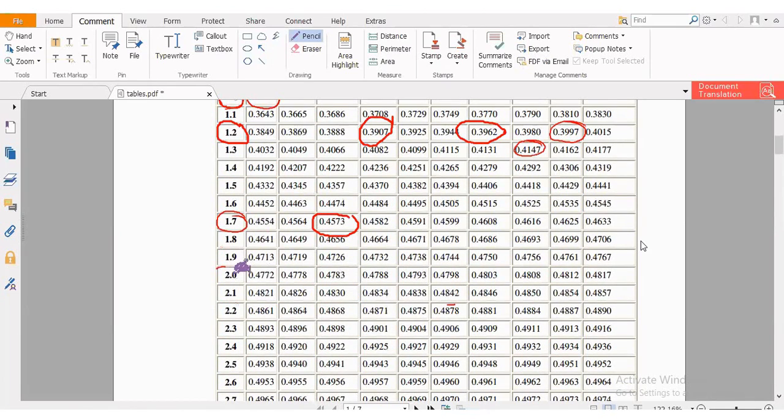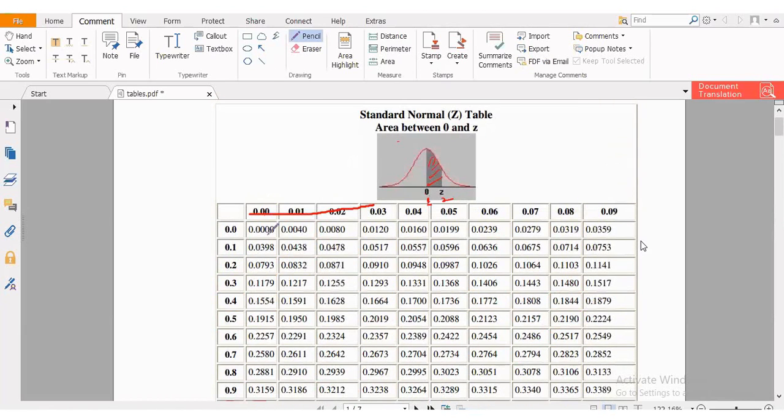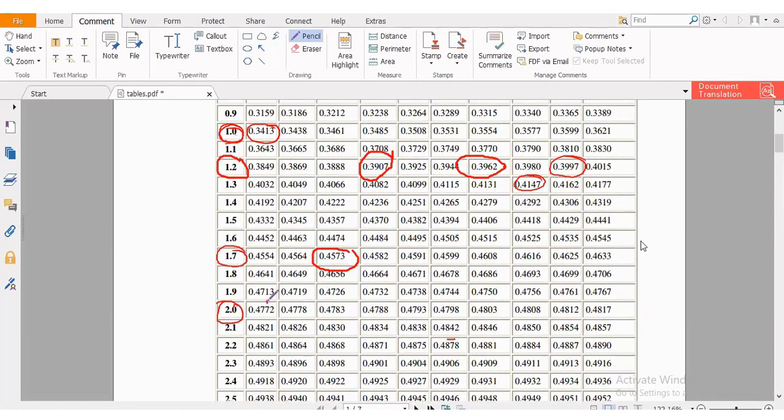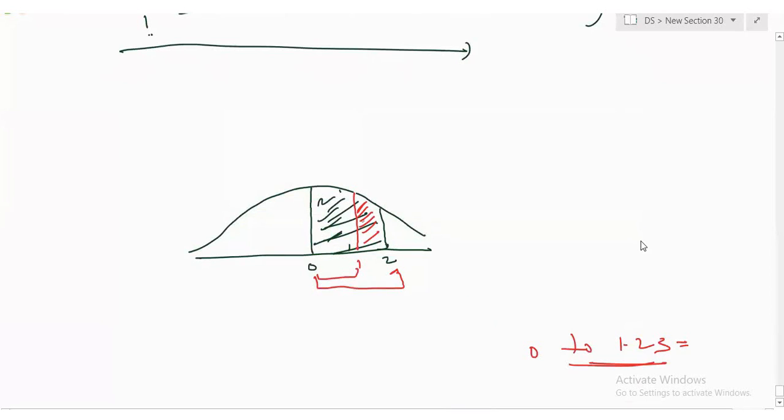I need to look at 2.00. Here I need to add this, and where they are intersecting, this is the area. This green area, let me write in green color, is the total up to this.